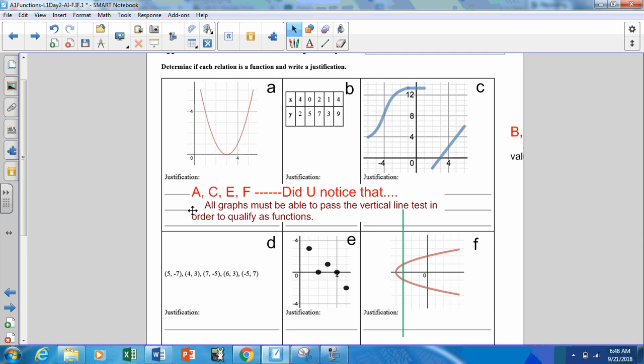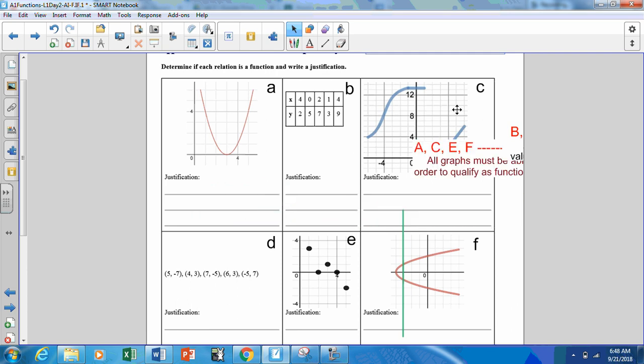All right, what remains? We looked at B and D, and we can associate them as XY tables. The goal here, when we look at our X values, is that they cannot repeat. When X values repeat, we know that X value is being paired up with more than one Y value.